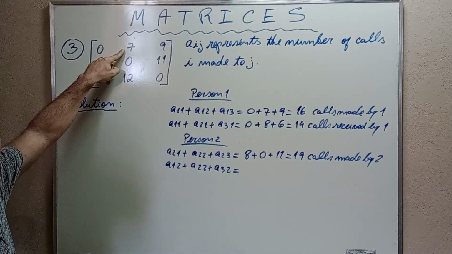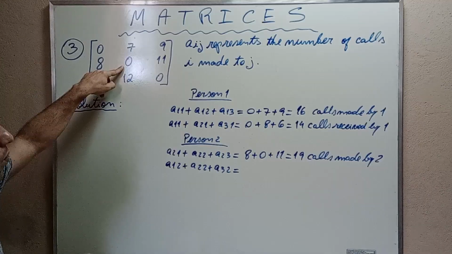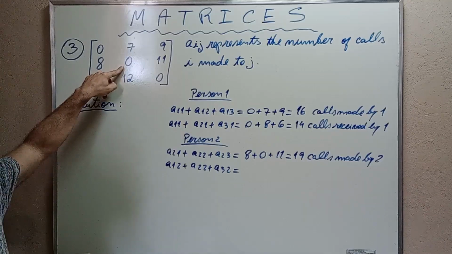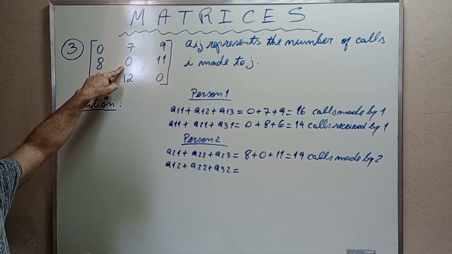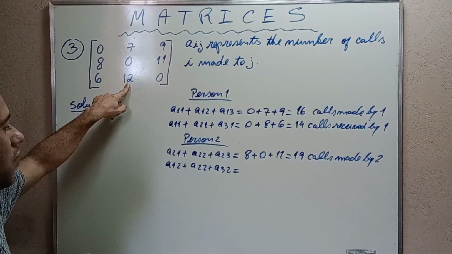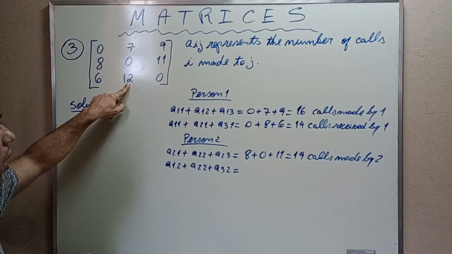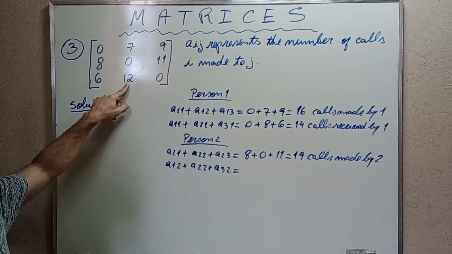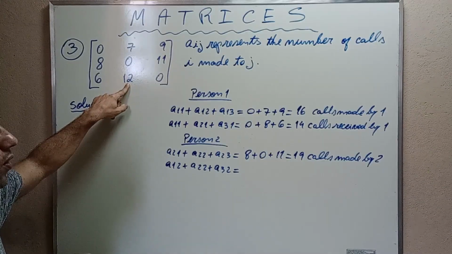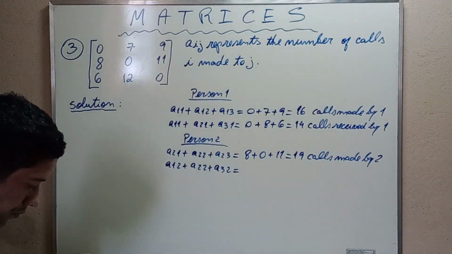Person 1 called the person 2 7 times, 0 because you cannot receive a phone call made by yourself, and 12 times represents the number of phone calls received by person 2 made by person 3.